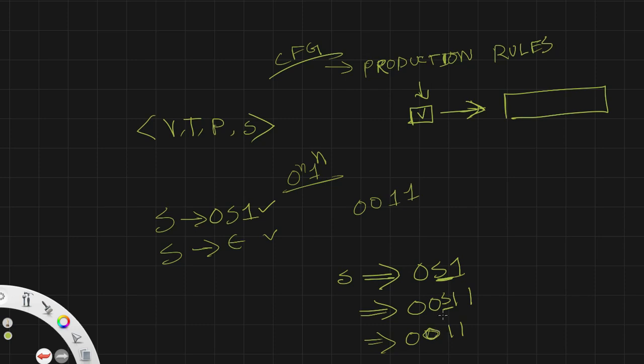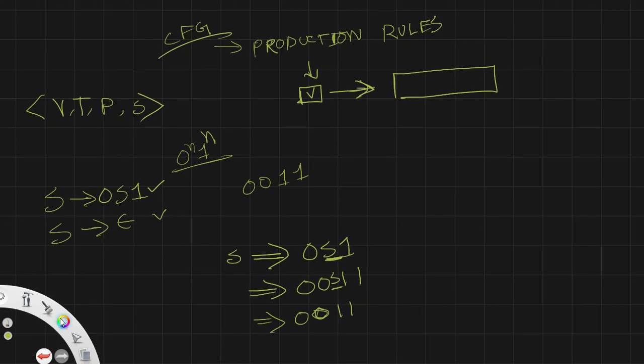Now I need to talk about two more terms, and those are very easy terms actually, so nothing to worry about. The first is, well, we have already talked about it, derivation. What do we mean by derivation? The formal definition is: if there is a production rule that says A can be converted into a string of other things, just like S can be converted into this string, let's call it string alpha.